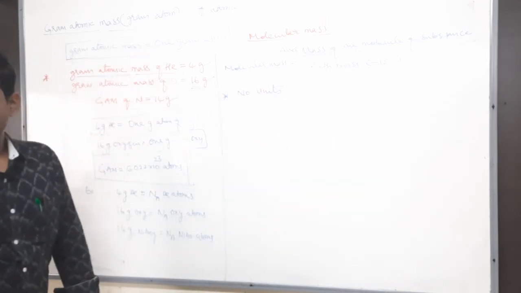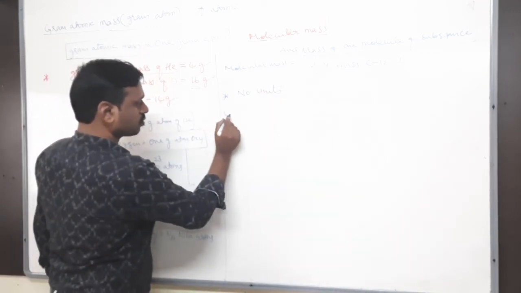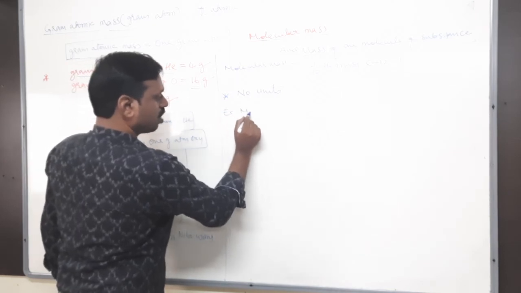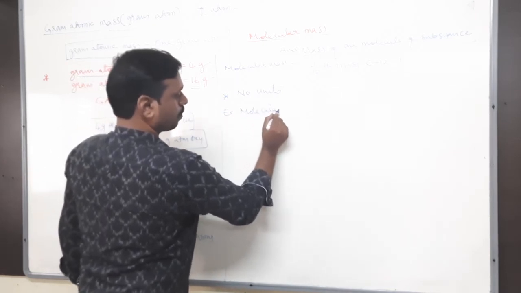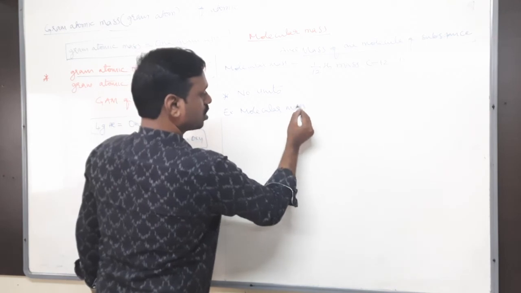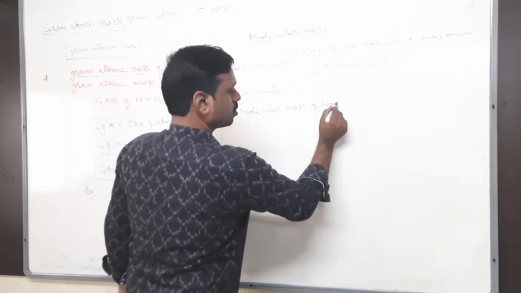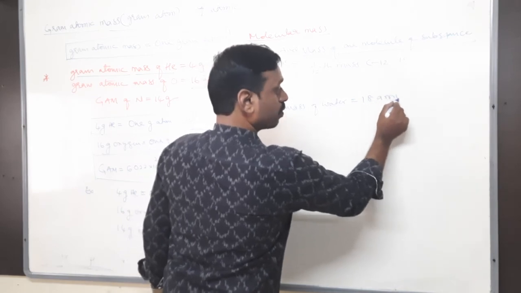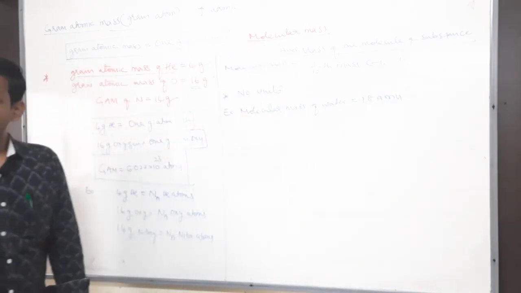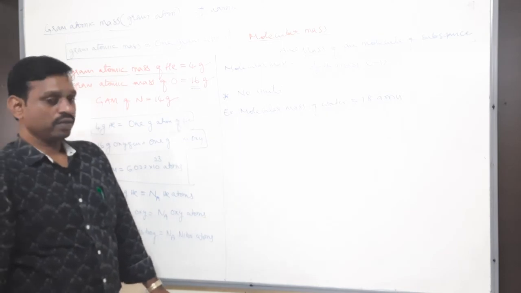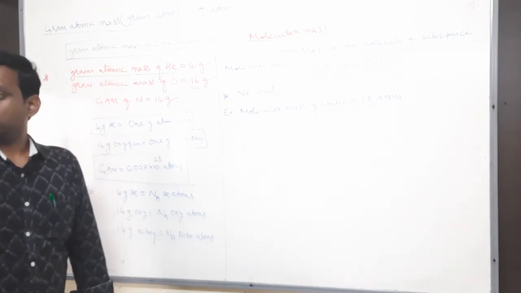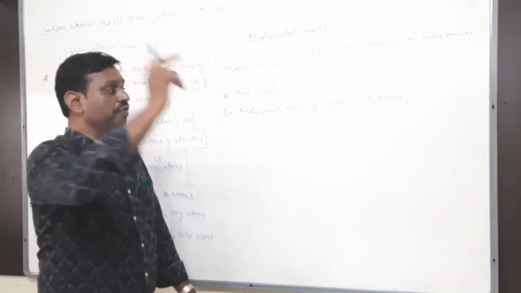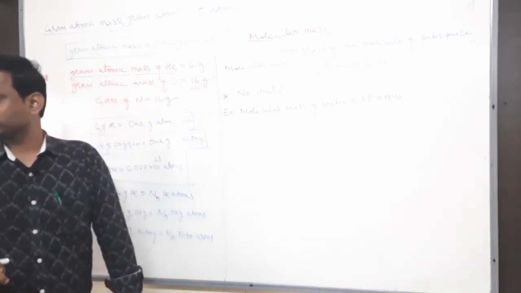For example, the molecular mass of water is 18 AMU. What is the meaning of 18 AMU? It means a water molecule is 18 times heavier than 1 AMU.